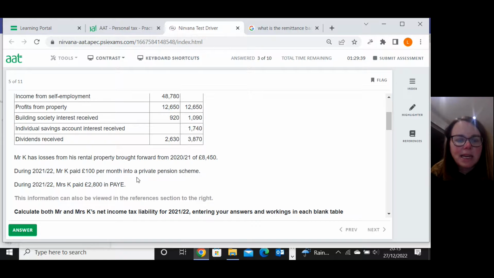Mr. K paid money into a private pension scheme. So remember, that's his net. So he'll be paying 1,200. We'll have to gross that up, and then possibly that will affect his personal allowance and his tax bands.